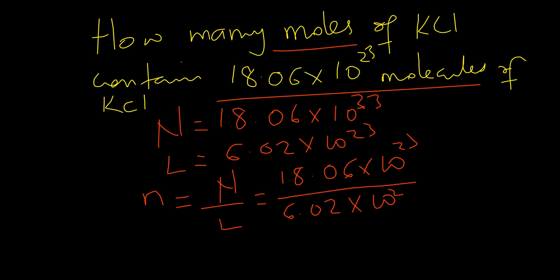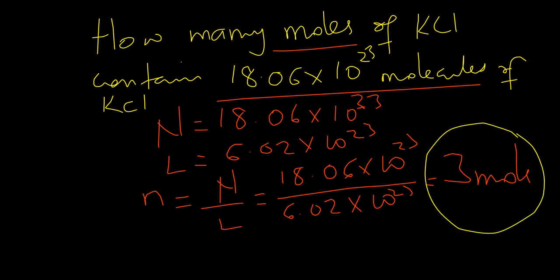When you do the math, what will you get? That will give us 3 moles. Remember, 3 moles of what? Of the potassium chloride. So that is the answer. So let's move on to the next question.